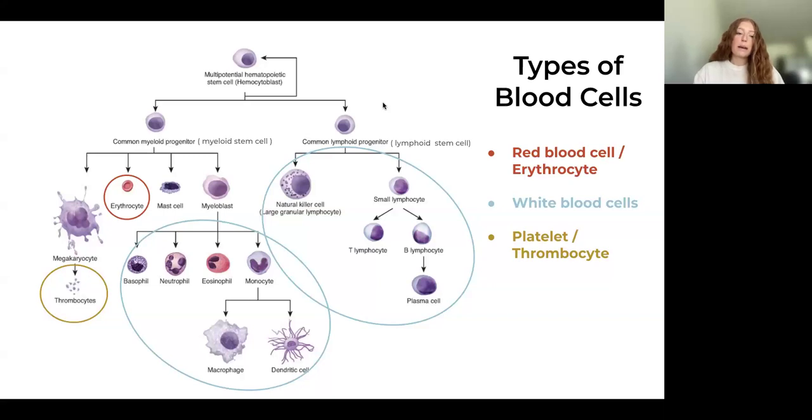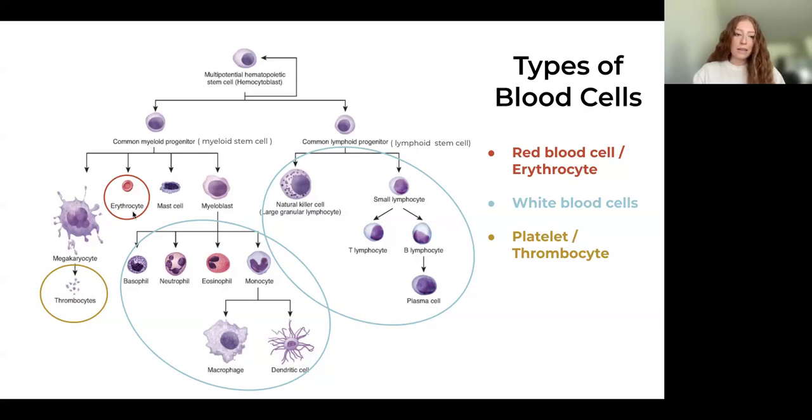So here is a bigger picture of what that lineage, that family tree looks like. The blood stem cell right here, when it's in the bone marrow, it's maturing and it's differentiating into different types of blood cells. So these ones are still immature, but eventually they become mature blood cells, like you'll see here, the red blood cell.